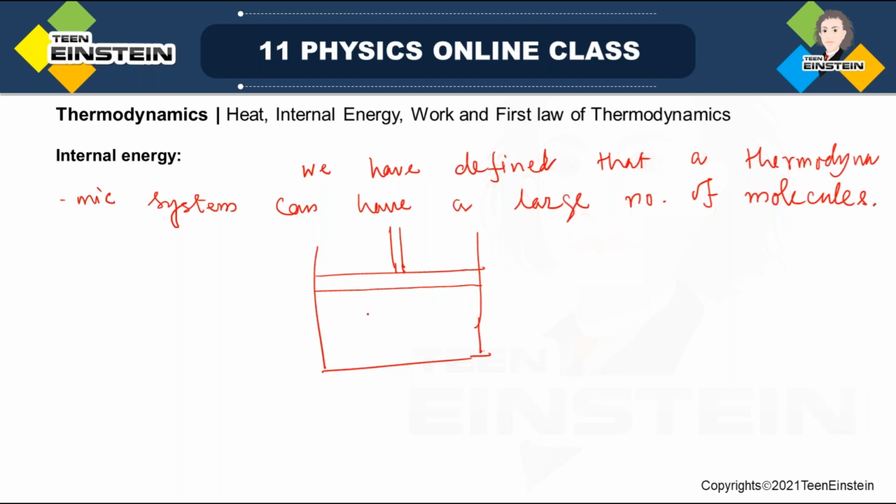If the system is a gas, then generally we keep the gas in a cylindrical container with a piston. As and when required, the gas can do certain work, or work can be done by the surroundings on the gas. So this is the reason. Suppose I have a gas. The gas has a large number of molecules.